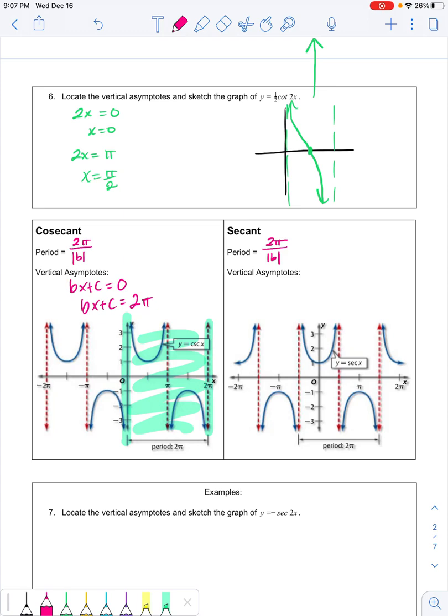Now we can't use those same asymptote values for the secant curve because the secant function or curve is a phase shift. It moved to the left pi over 2 units. So we're going to use negative pi over 2 and 3 pi over 2. We're looking at this section of the graph.